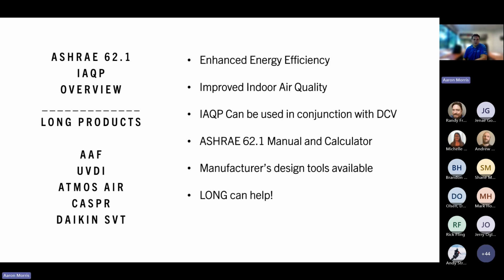Or there are other manufacturers' design tools available to help with that if you do not have access to the ASHRAE calculator. You can reach out to your Long salesperson, and we partner with several manufacturers that can help us implement different technologies on an IAQP method strategy, trying to reduce your ventilation requirement and improve your indoor air quality.